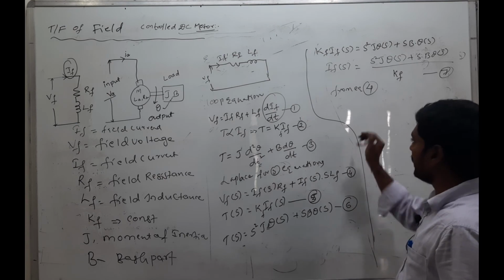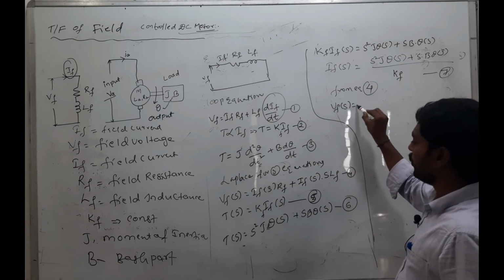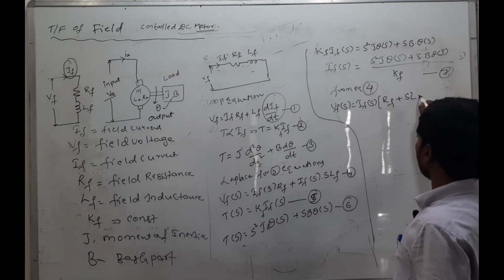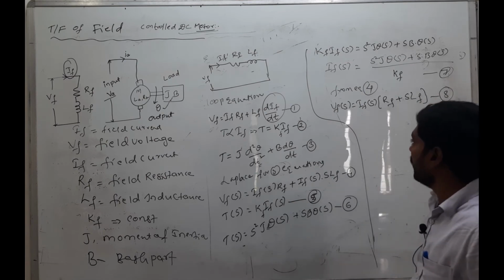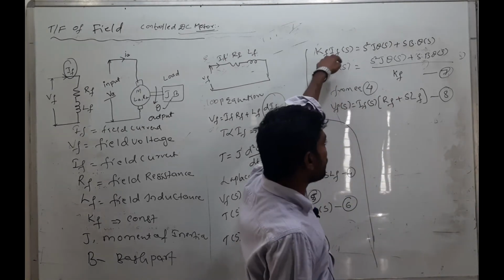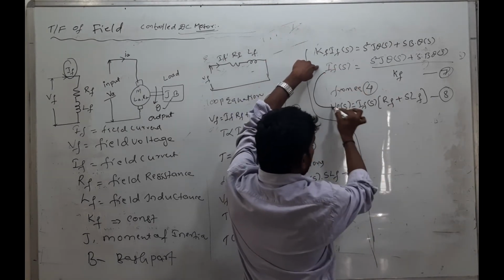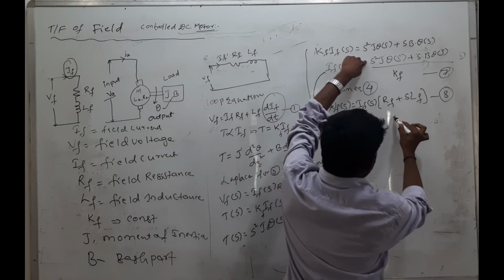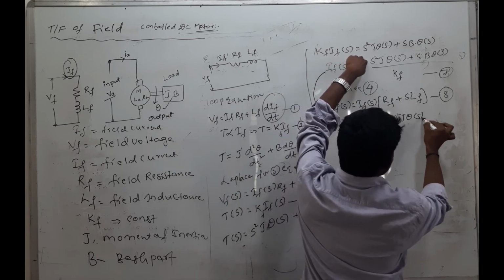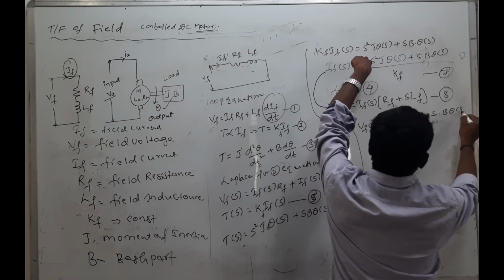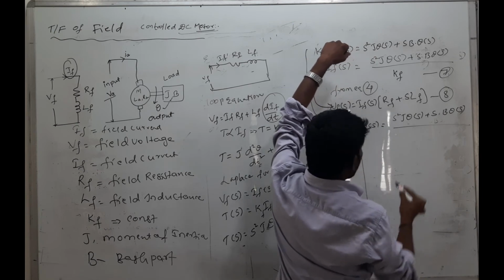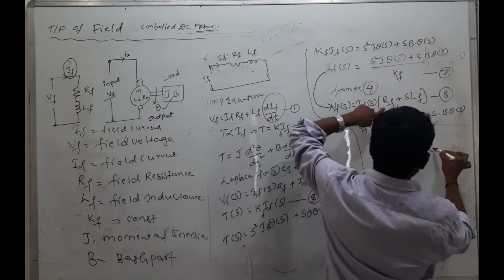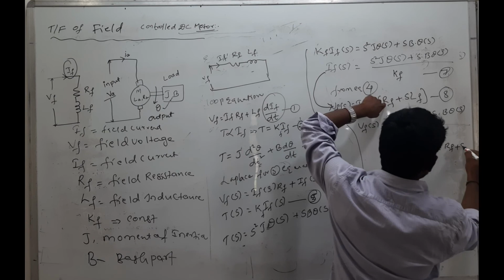Taking IF of S common, VF of S is equal to IF of S times RF plus S into LF. Equation number 8. So from equations 7 and 8, writing IF of S, VF of S is equal to S square J theta of S plus S into B into theta of S, divided by KF, into RF plus S LF.